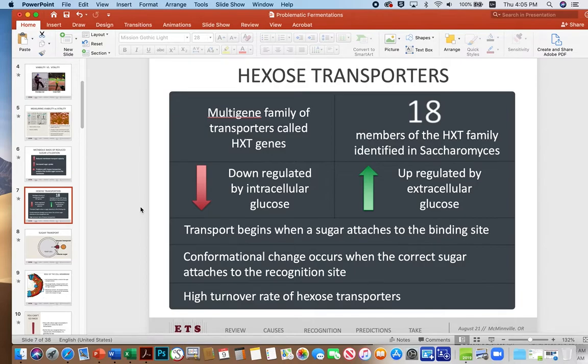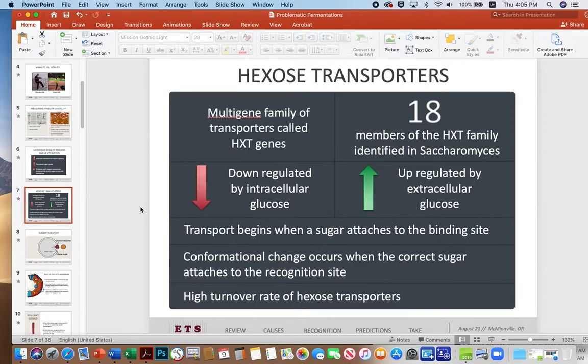And so, again, if extracellular glucose is high and intracellular glucose is low, that would trigger an upregulation where the cell would actually favor production of more of these transporters. But again, if intracellular levels are high and extracellular levels are high, the yeast cells will settle on a sweet spot where they can get the most activity without choking themselves to death.